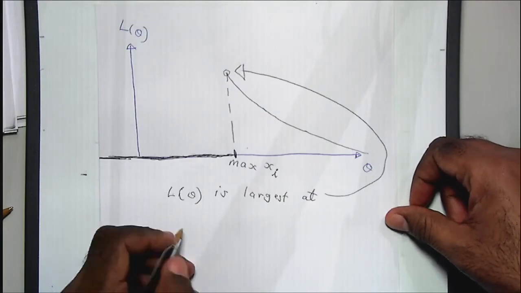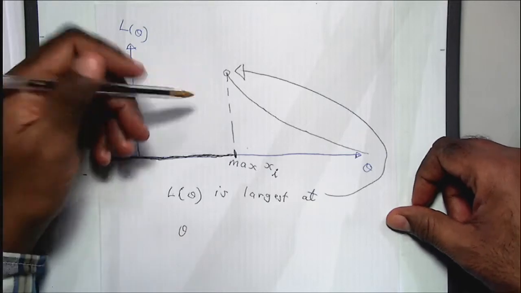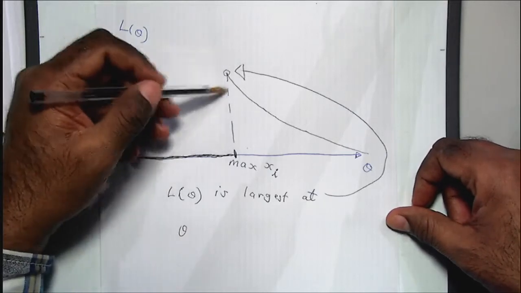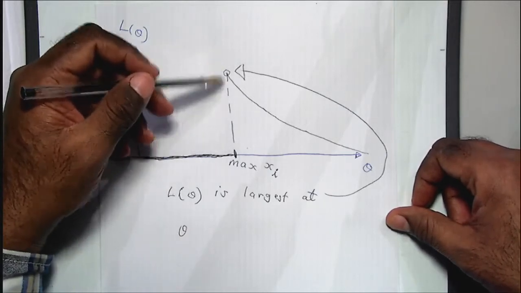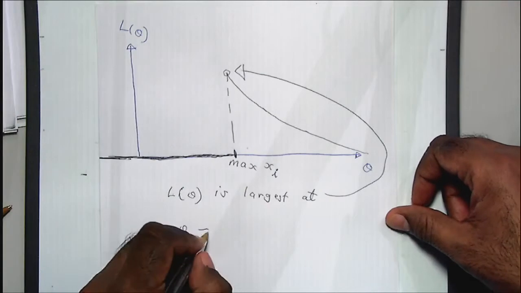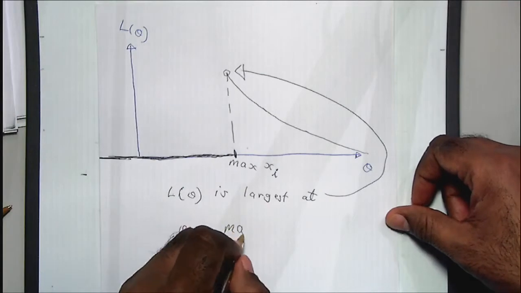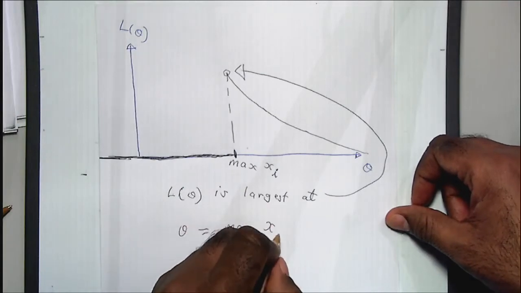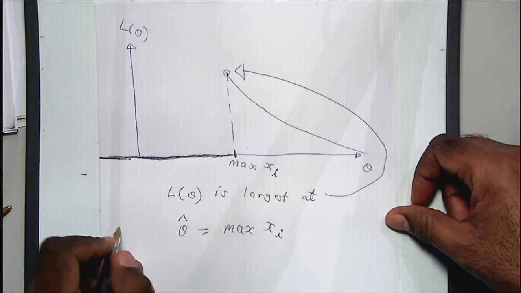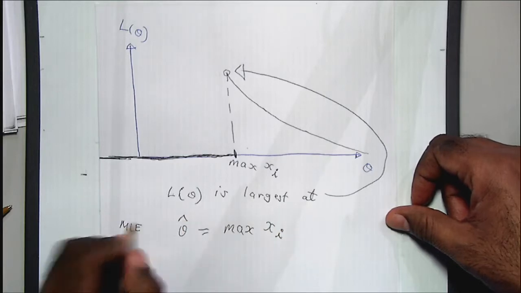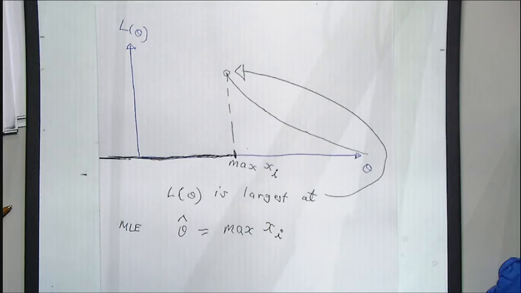And the corresponding value of theta, corresponding to the largest likelihood, is max of xi. So the MLE of theta is equal to max of xi. Is that clear, guys, or not? Do I make any sense, guys?